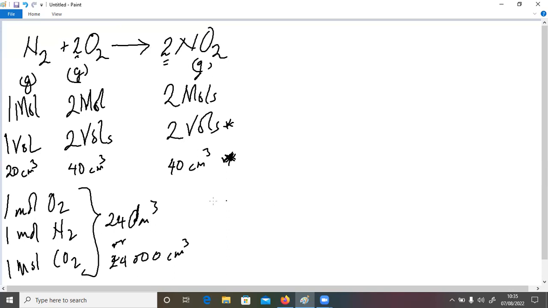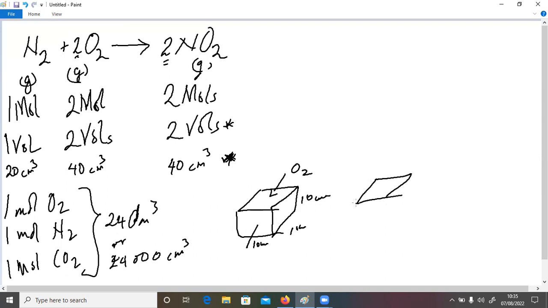So if we said the other time that I have a tank of just 10 centimeter by 10 centimeter by 10 centimeters, a small tank, and it is full of oxygen, and I have another tank, again 10 centimeter by 10 centimeter by 10 centimeter, and it is full of carbon dioxide, then the number of moles inside here is equal to the number of moles inside here, because the volume of this container is the same as the volume of this container.